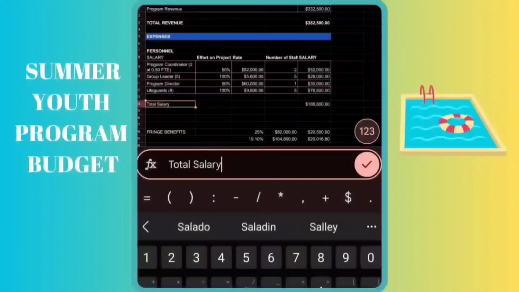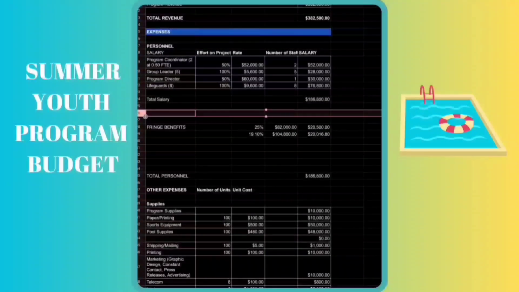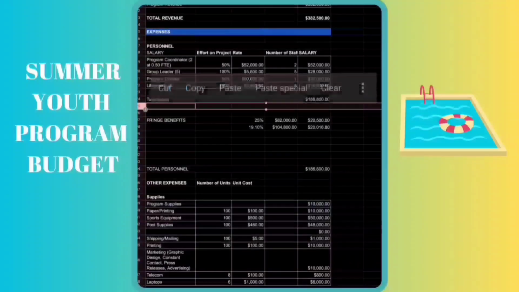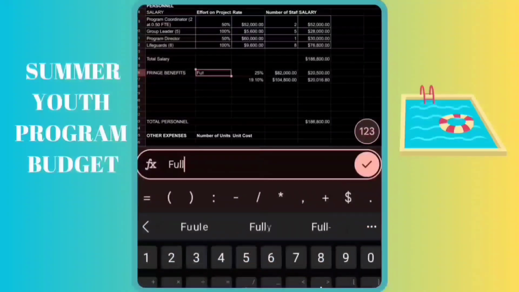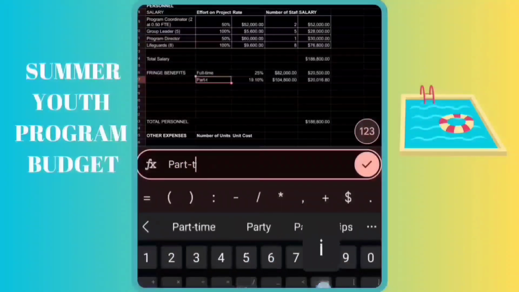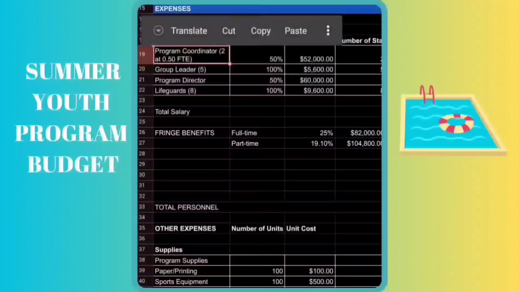Total salary. And this, we're going to label that this is the fringe benefits for the full-time and the part-time personnel.